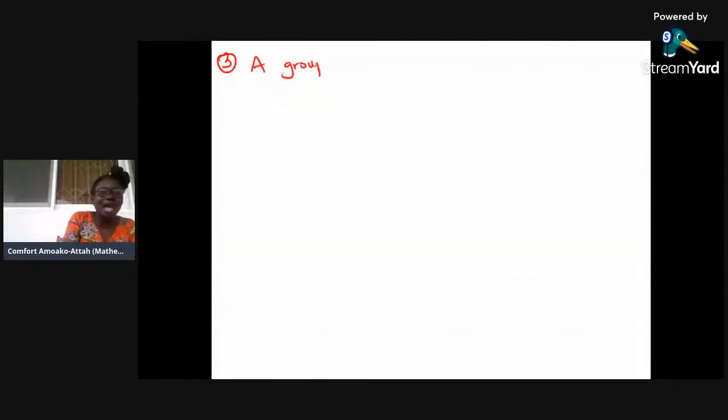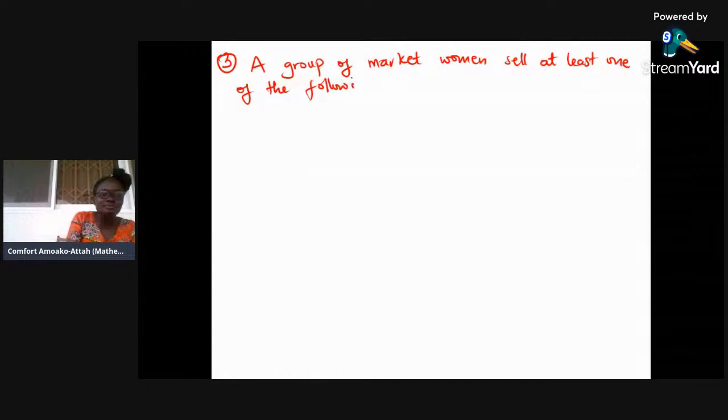So this question is: a group of market women sell at least one of the following items of food. So we have yam, corn, and plantain.